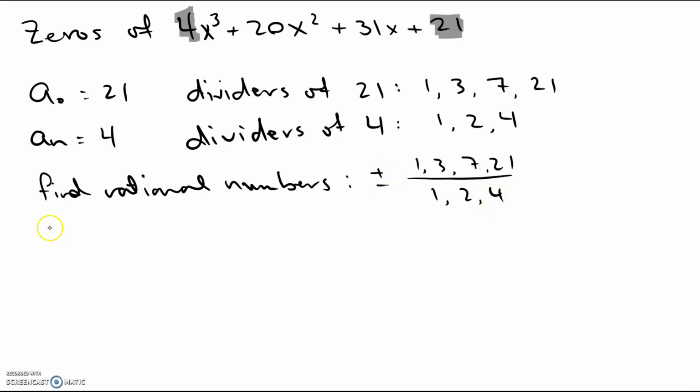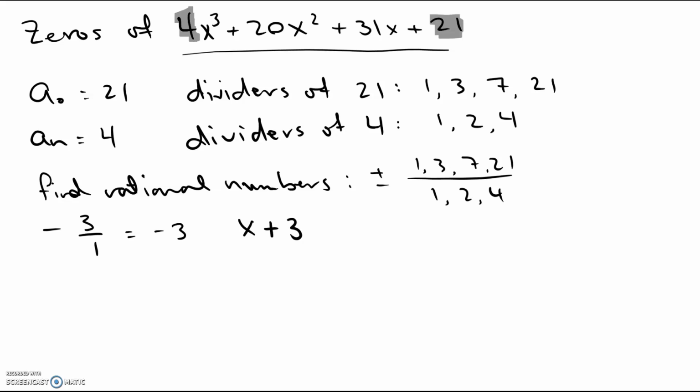If we try negative 3 over 1, so I took the negative 3 divided by 1, and pulled that out of this right here, what I need to pull out is x plus 3. So I'm changing this negative to a plus.